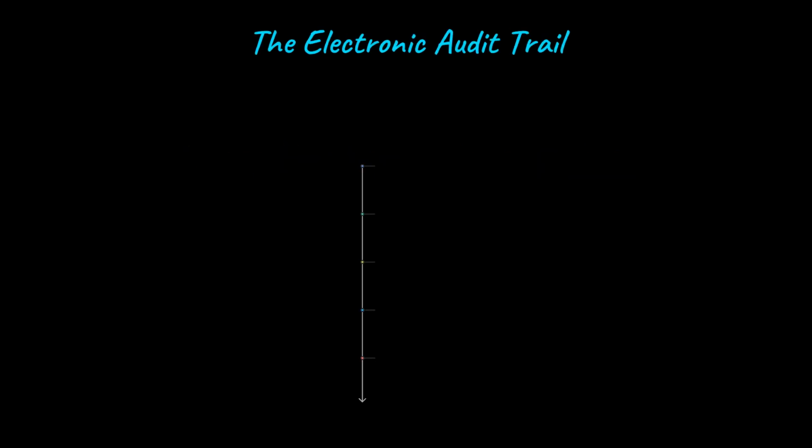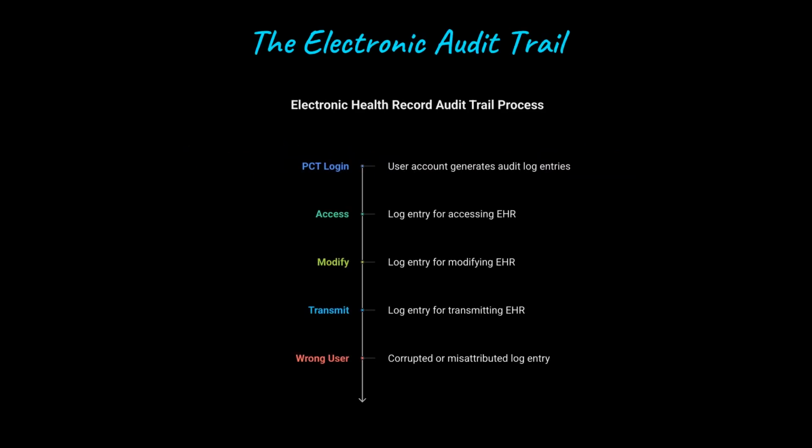The security rule organizes its protections into 3 categories: administrative, physical, and technical safeguards. Login credentials are a technical safeguard, and their specific function is to ensure every recorded action is attributable to the authorized person who actually performed it. The audit trail is the legal and accountability record of who accessed, created, modified, or transmitted patient information.